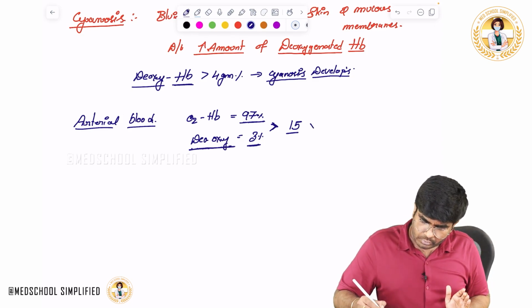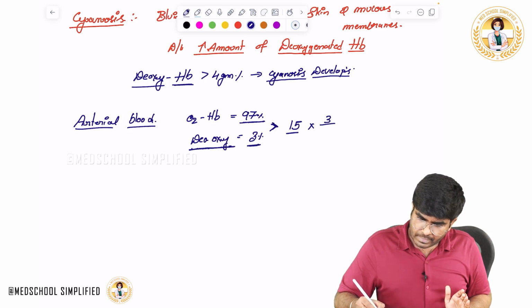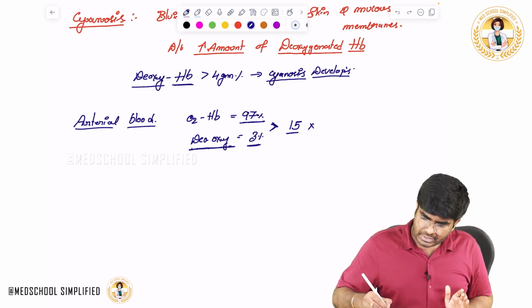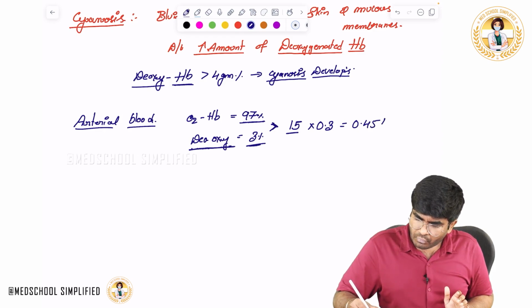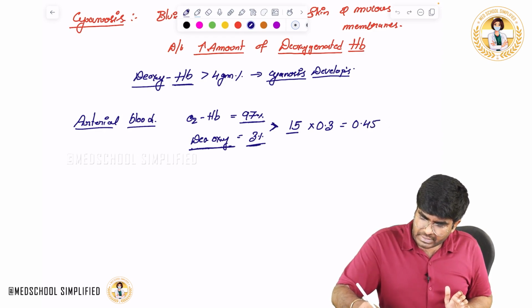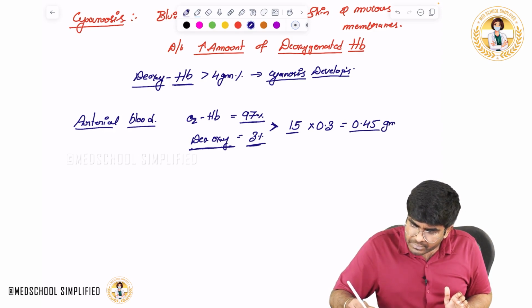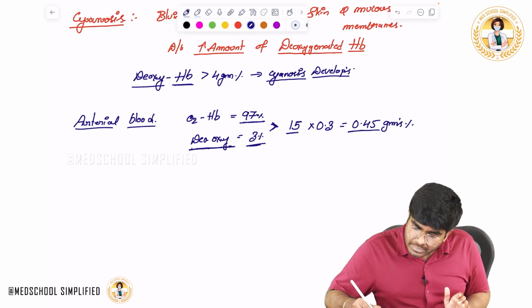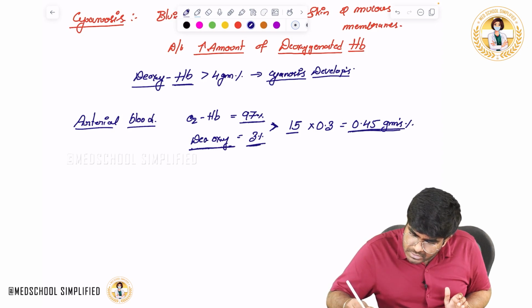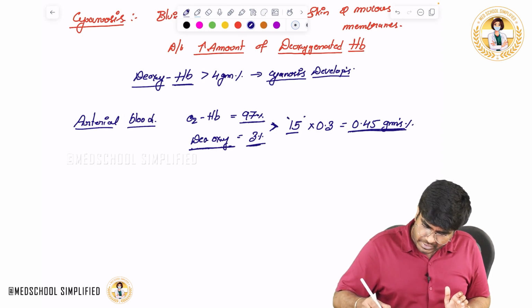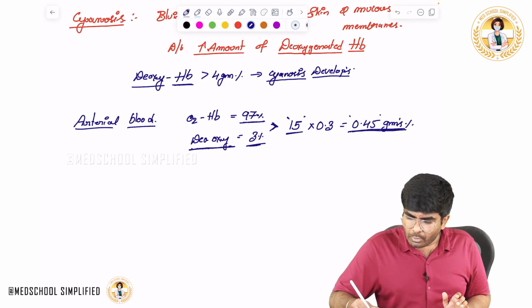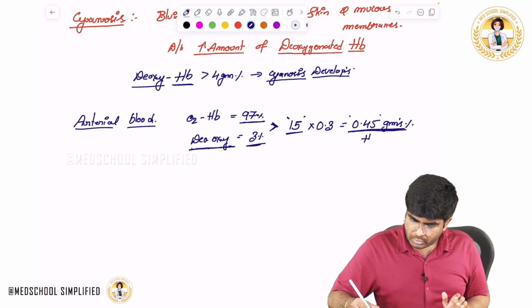So 15 into 0.03, how much? 0.45 gram percentage. Out of these 15 grams, not even 1 gram, 0.45 gram of hemoglobin is deoxyhemoglobin.